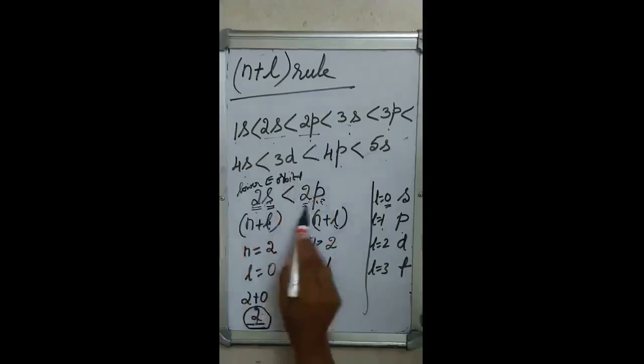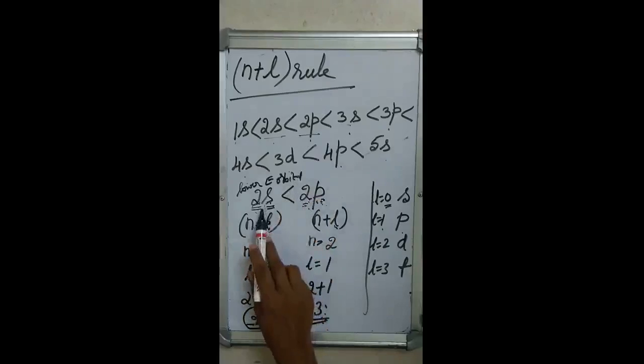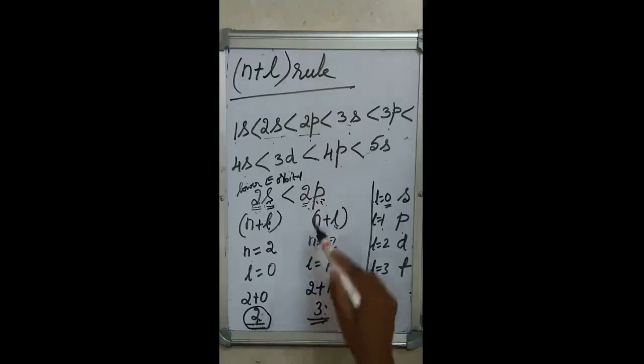So between 2s and 2p, 2s is the lower energy orbital because its n plus L value is less. 2p has an n plus L value of 3, so it has a higher energy.